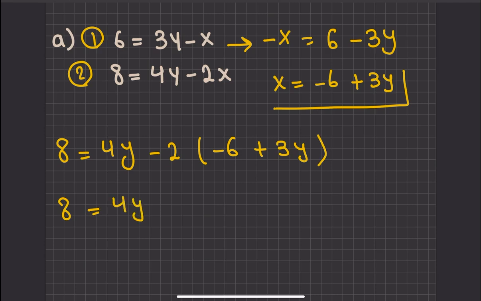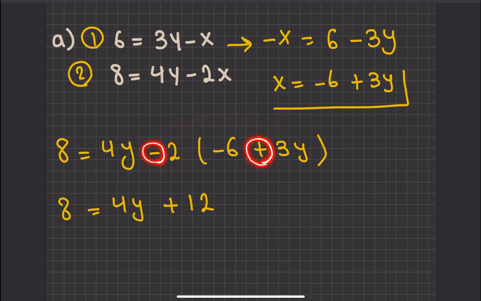So in this here, we multiply minus 2 by minus 6. Minus times minus becomes plus. It's going to be plus 12, minus 2 times plus 3y.